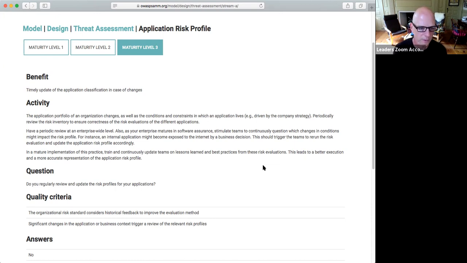Here, it's saying you have a periodic review at an enterprise-wide level. As your enterprise matures in software assurance, stimulate teams to continuously question which changes and conditions might impact the risk profile. For instance, an internal app might become exposed to the internet by a business decision, and that would trigger the teams to rerun the risk evaluation and update the application risk profile accordingly.